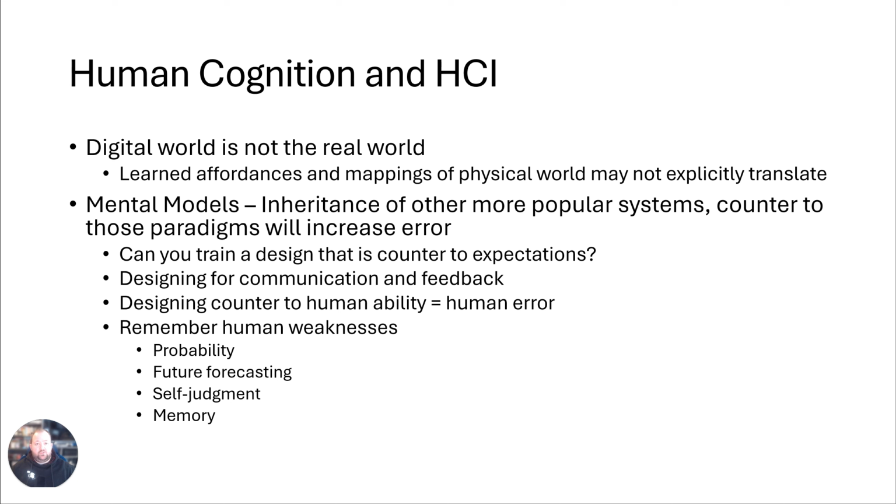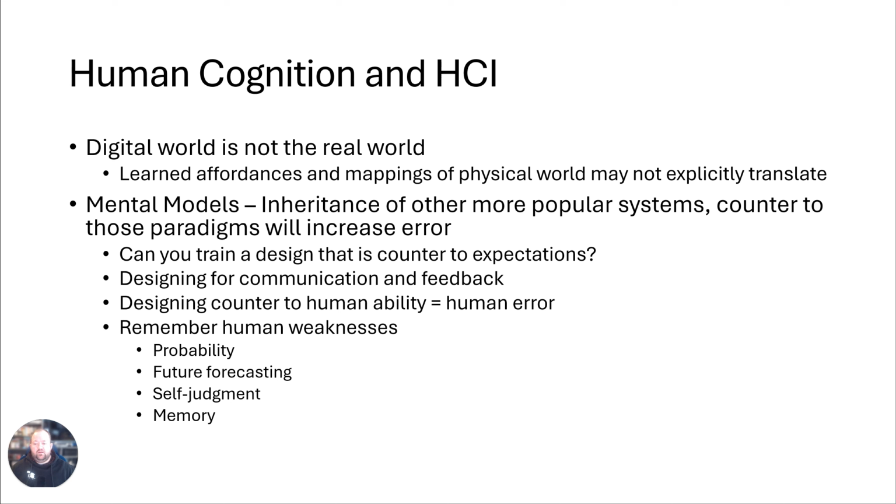If you design counter to human ability, you will get increased errors. So we'll get into some of those aspects in a minute, but basically we have some reasonable data points and assumptions and research about what humans can do. So if you try to make them do a bunch of things that we can't do or that we don't do well, we're going to have a problem. And here's just some examples, right?